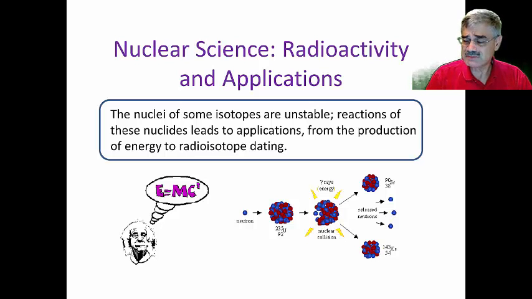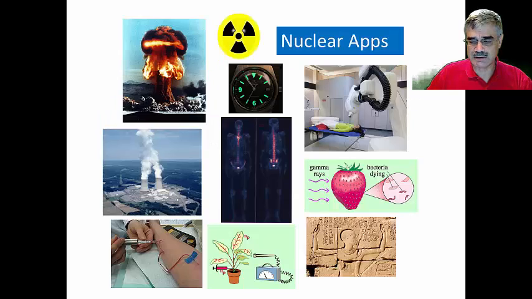In fact, quite a few of them are unstable, and they undergo reactions, sometimes spontaneous reactions, that lead to an emission of energy, sometimes an emission of particles or rays, and we call this radioactivity. There are a number of applications of radioactivity, all the way from energy sources to radioisotope dating.